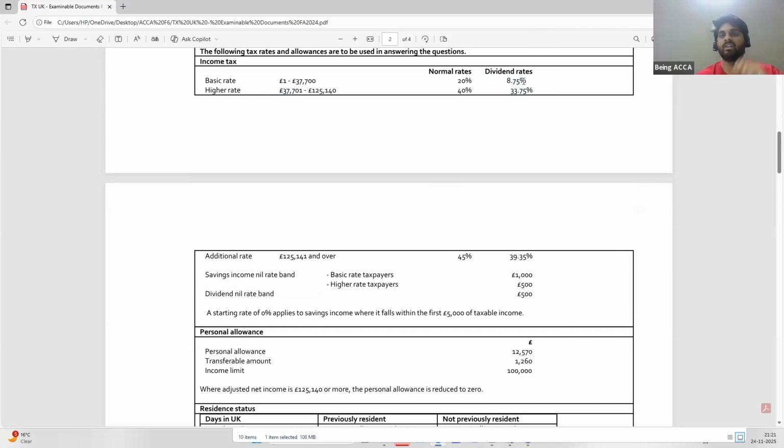So please keep it in mind, for dividend, the tax rates are different. Always keep a note of it. Make a note of this. These are the rates that you should be considering at all times: 8.75%, 33.75%, 39.35%. Okay.